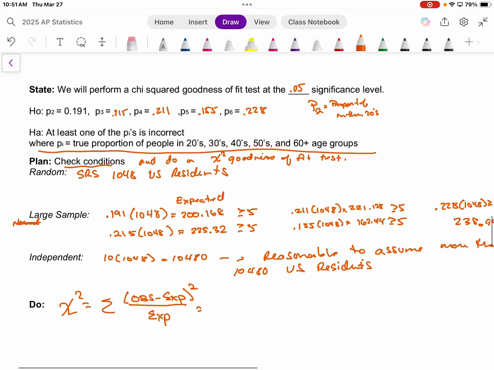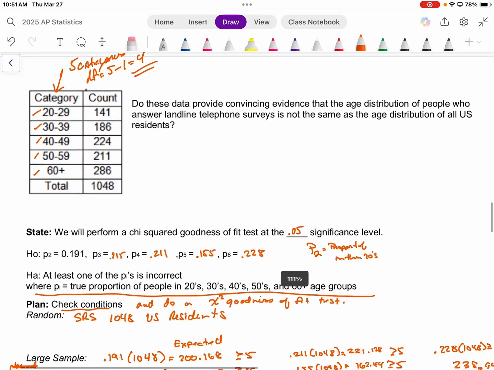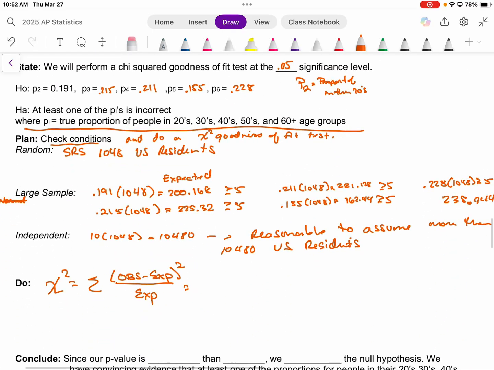In our table, for the 20-year-olds, it said 141 people were observed. So 141 minus, we expected it to be 200.168. That's squared divided by 200.168.